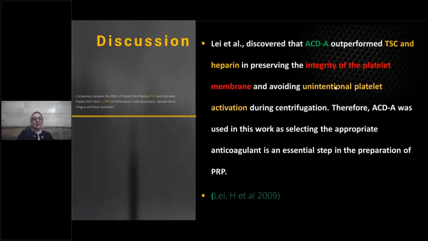Lei and his colleagues discovered that ACD anticoagulant outperformed TSC and heparin in preserving the integrity of the platelet membrane. Therefore, the ACD anticoagulant was used in this work, as selecting the appropriate anticoagulant is an essential step in the preparation of the PRP.